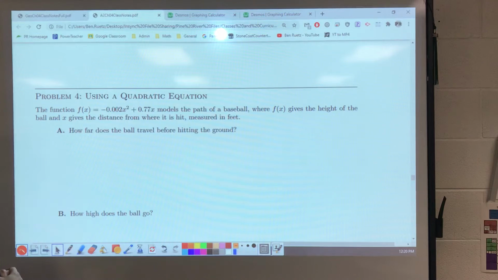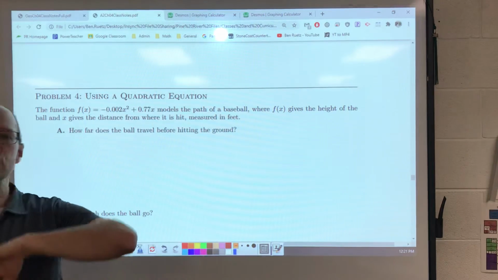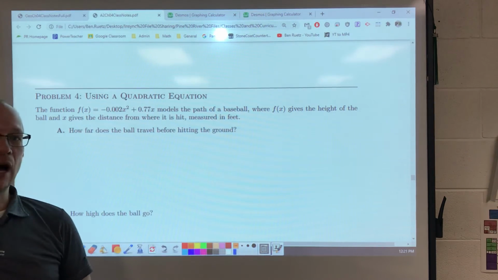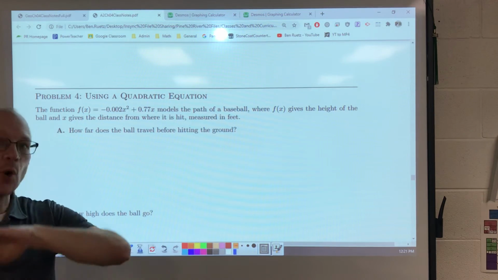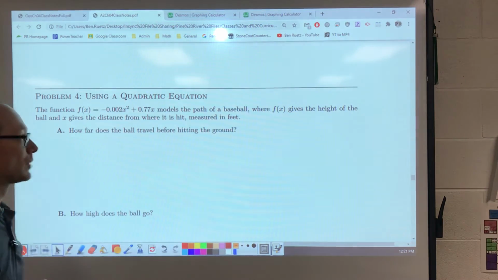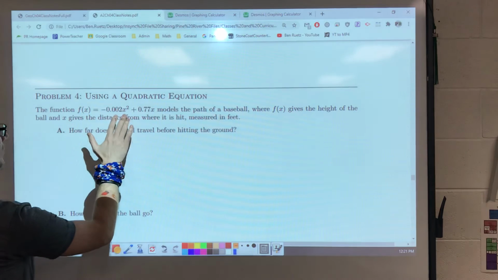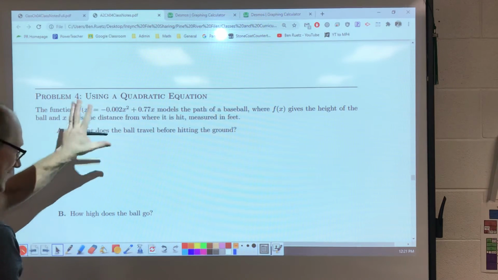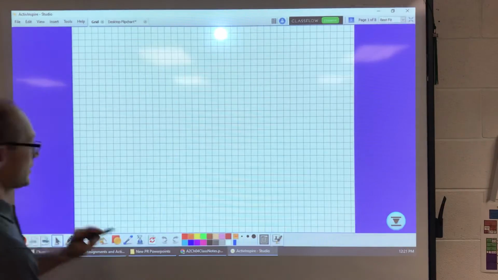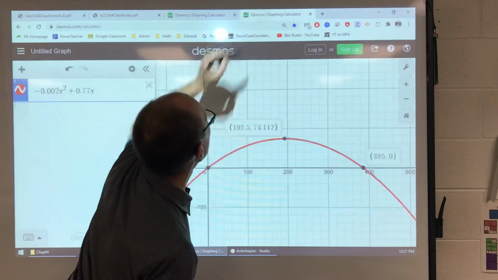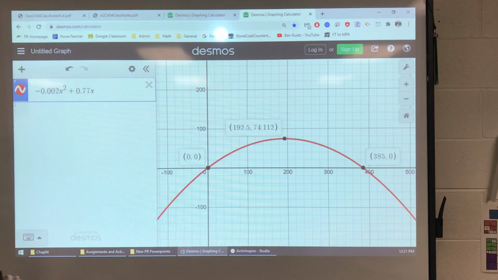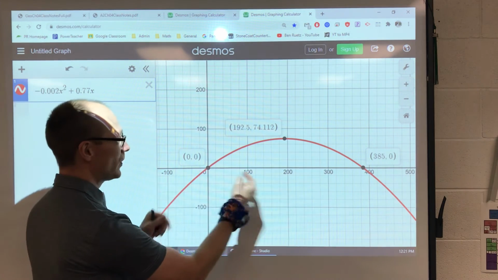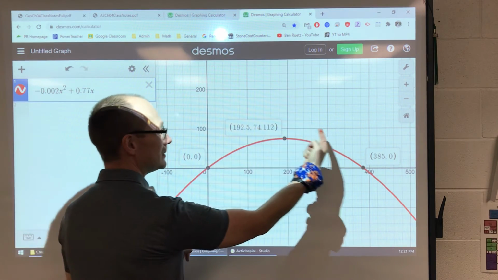It deals with the path of a baseball. And anything going through the air is going to follow the path of a parabola. And in this situation right here, they've given us the function. And if I take that and type that into Desmos, we can see after adjusting the window that it goes in this kind of path.